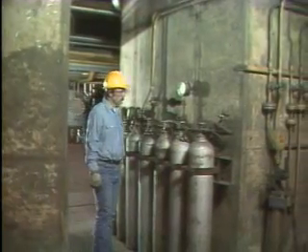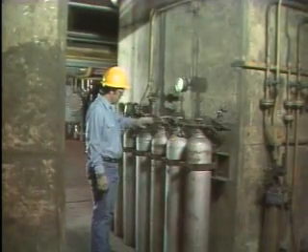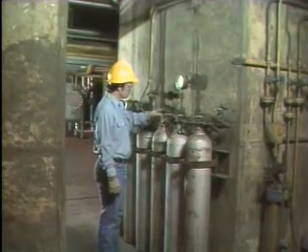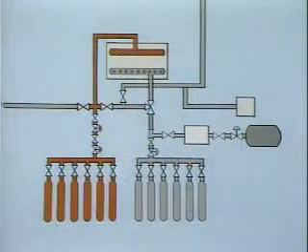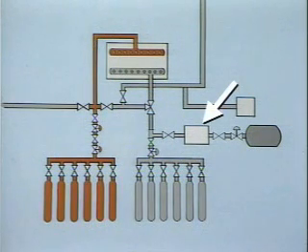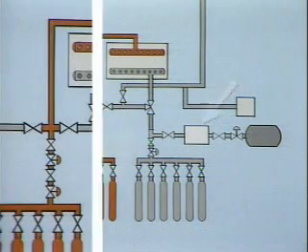Carbon dioxide, which is also called CO2, is supplied to the generator through piping similar to the system used for the hydrogen supply. One way of connecting these gas supplies is shown in this illustration. Carbon dioxide may be supplied from cylinders or from a bulk storage tank. With a bulk tank, a vaporizer is required to convert the CO2 from a liquid to a gas.